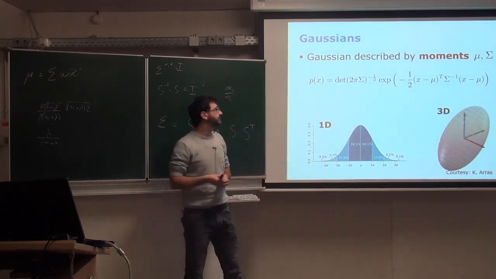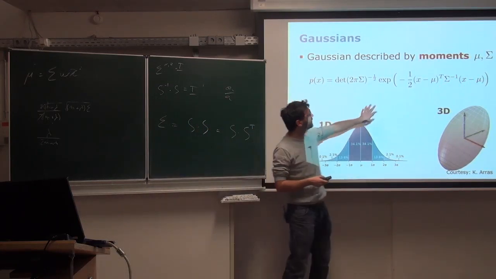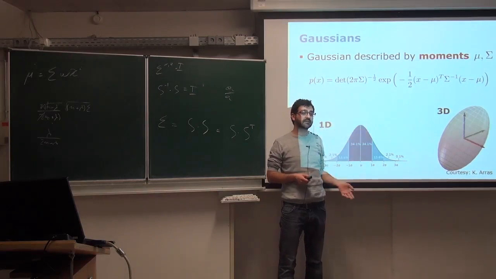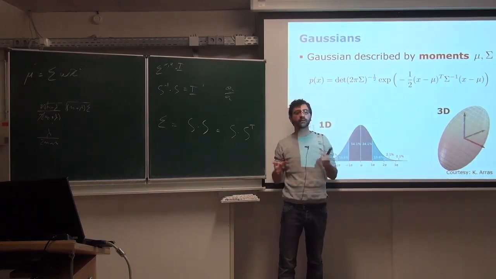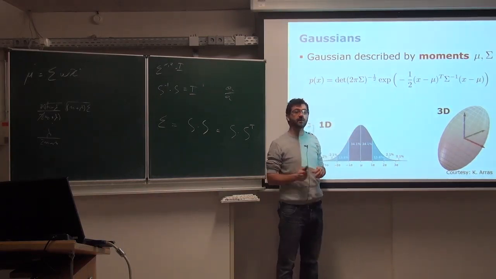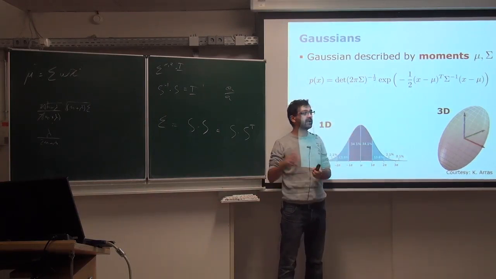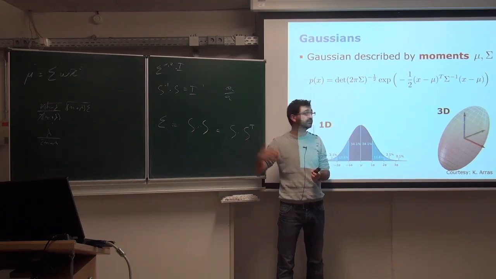Okay, this is not the only way of parameterizing a Gaussian, a normal distribution. There is another way, which is called canonical or natural parameterization, and it comes from a way of analyzing distributions in classes of families.